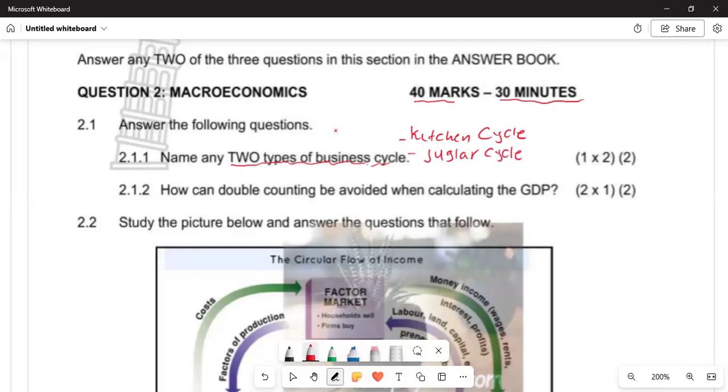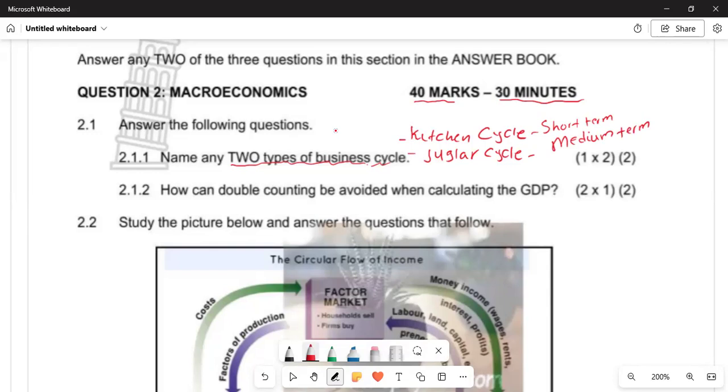So with the Kitchin cycle, it means what? Short term, that is about 3 to 5 years. Example, seasonal demand changes in retail sales that cause up and down movements in the economy. But the Juglar, we are talking about a medium term, about 7 to 11 years.